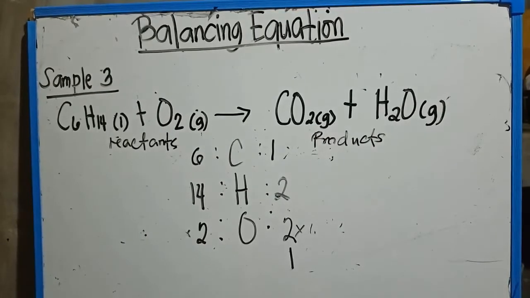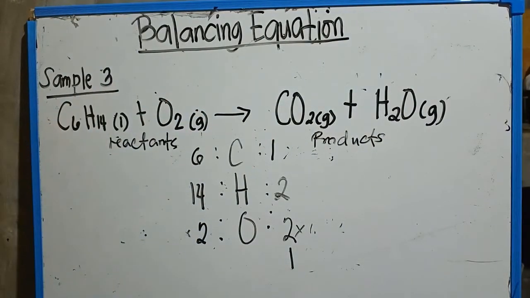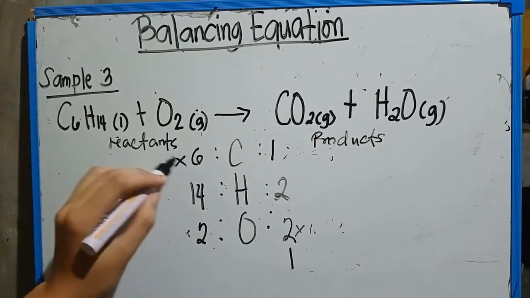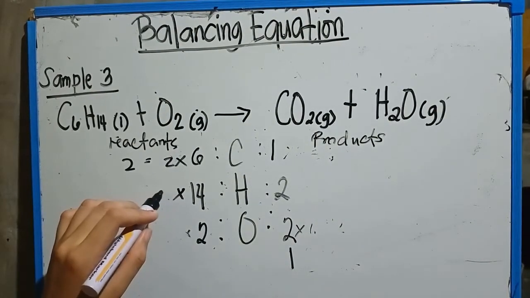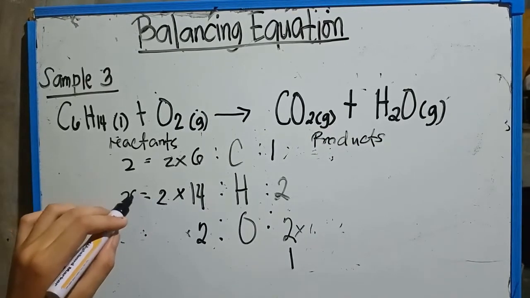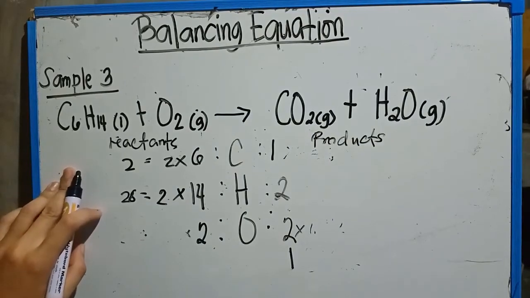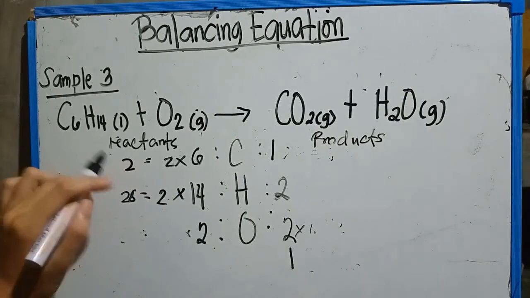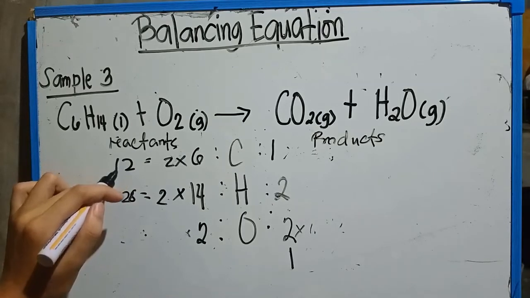So why not here we use 2. So 2 times 2, 12. Then 2 times 14. So 2 times 14 becomes 28. So may mo siyang 28. So para may mo siyang 2 times 12.